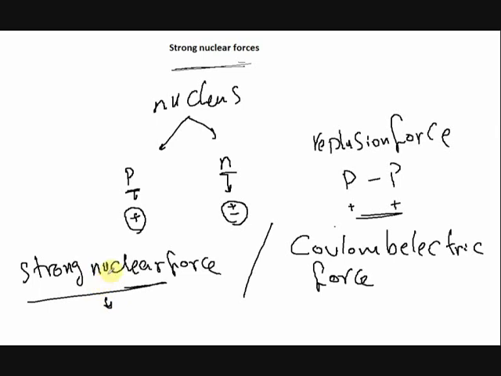There is an attraction force between three things inside the nucleus. Number one, between the protons and each other. Number two, between neutrons and neutrons. Number three, between proton and neutron.